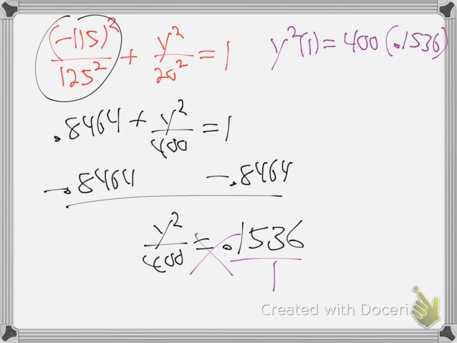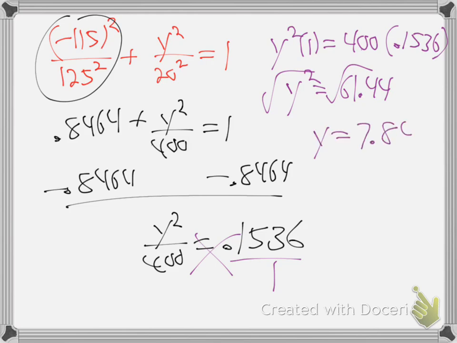I'm getting y squared is 61.44. Root it. And I'm getting y is 7.84. Did you get that?